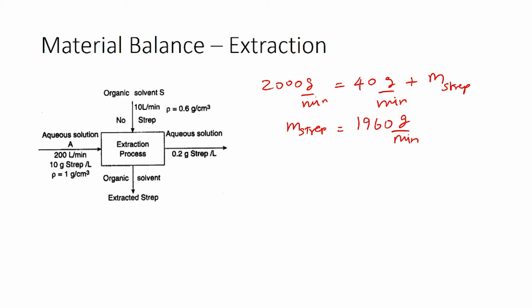We now need to calculate the concentration of streptomycin in the organic solvent, which is the extract. We know the volumetric flow rate is 10 liters per minute for the organic solvent.